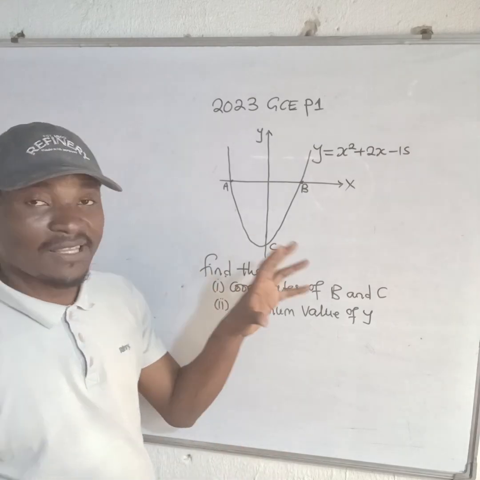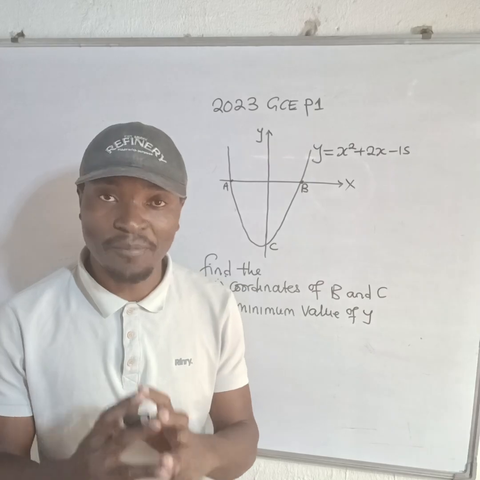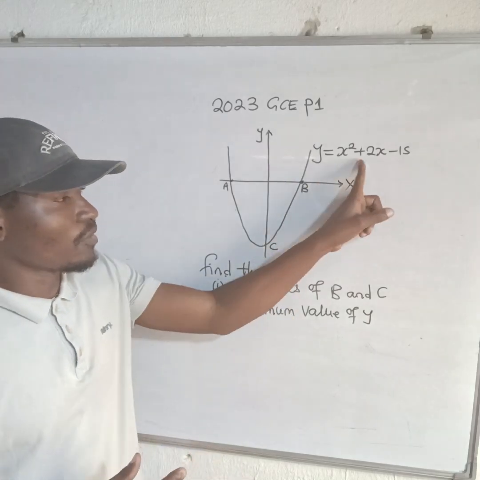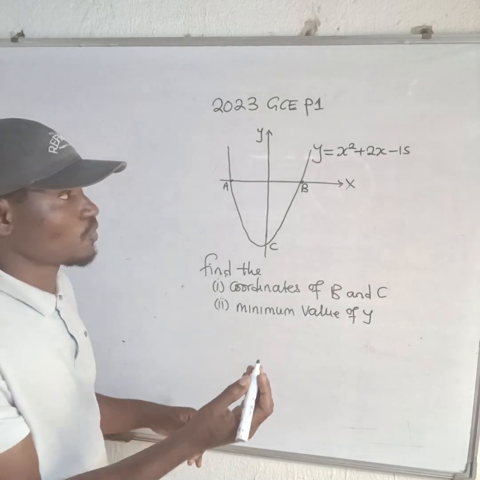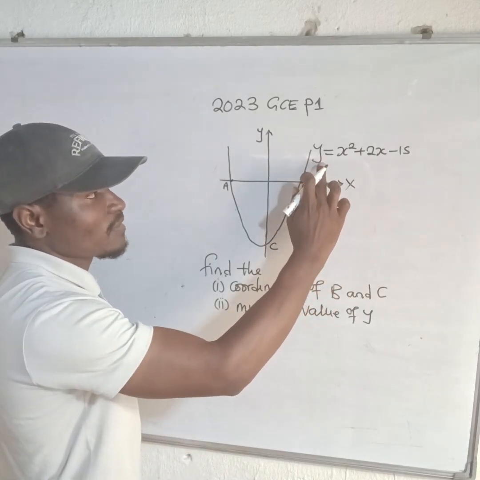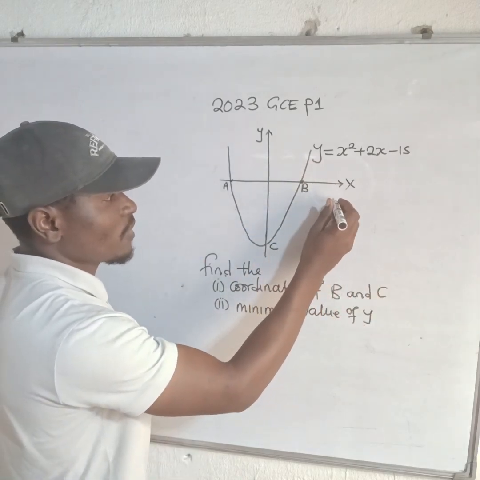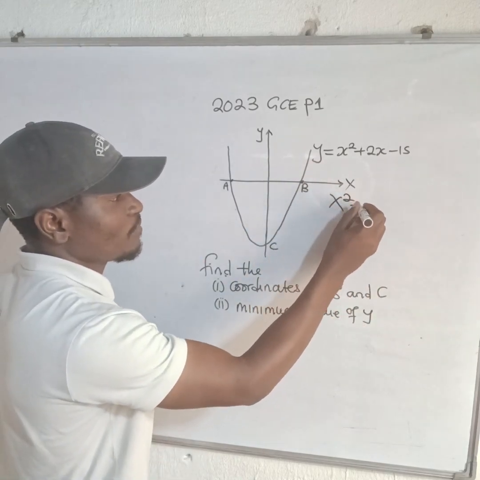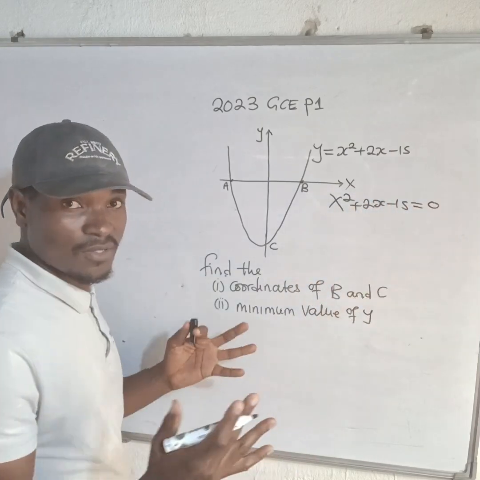The first thing you need to understand is that you are going to use the factorization method. To solve for the values of x and y, where there is y, you put 0. So you say x squared plus 2x minus 15 is equal to 0.